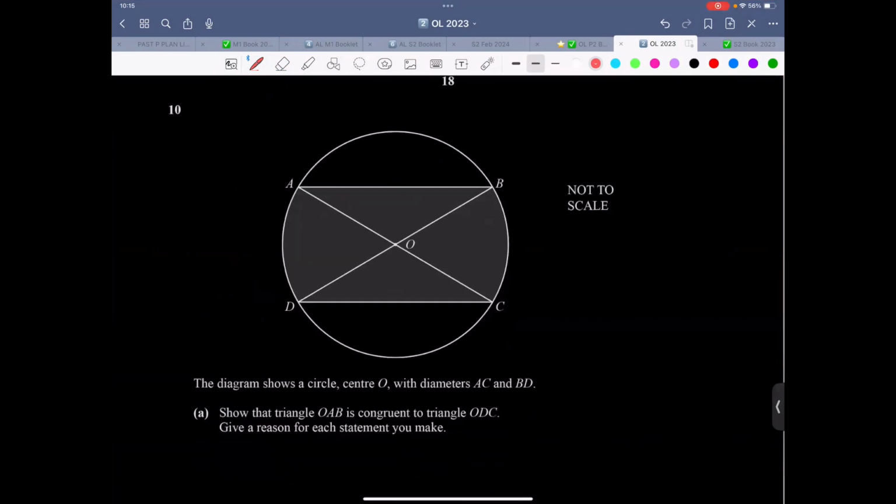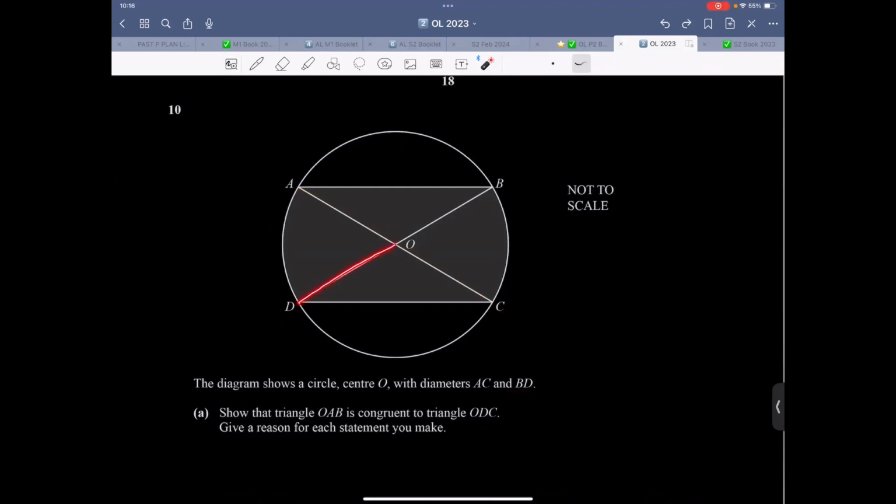The diagram shows a circle center O with diameters AC and BD. So let me highlight a few things. First thing, AC is a diameter. In other words, OA is the radius and OC is the radius. Similarly, BD is the diameter.